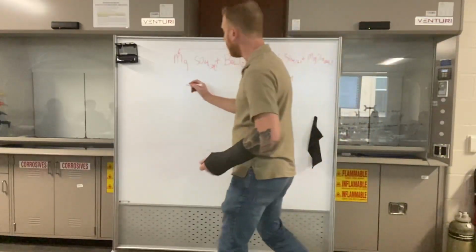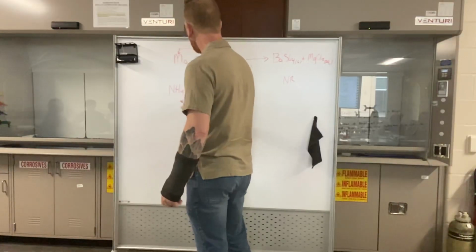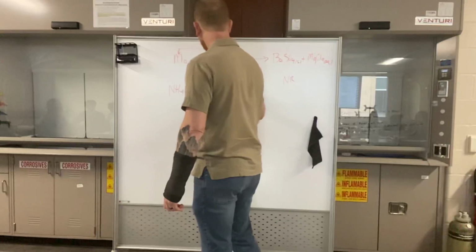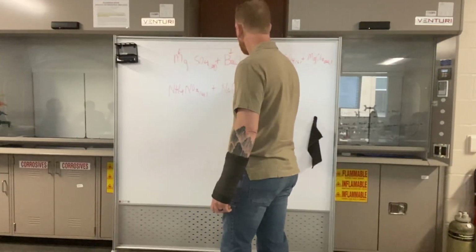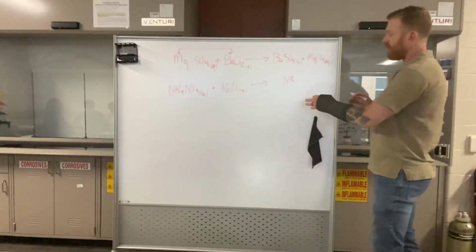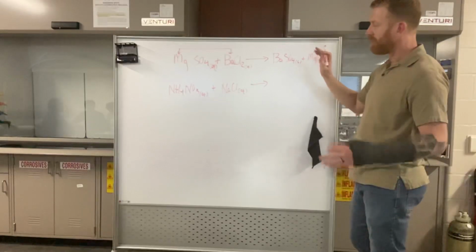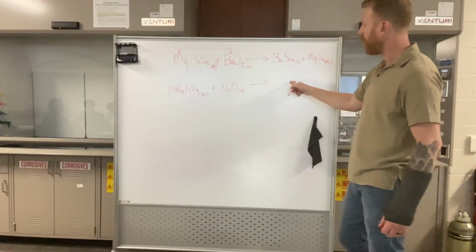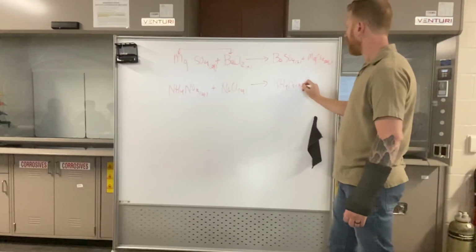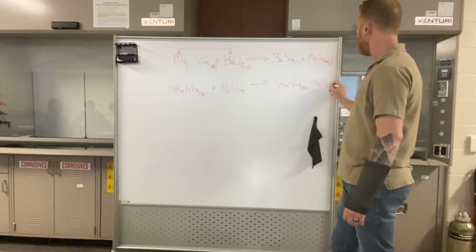If I just did ammonium nitrate, that's a good way to blow stuff up, plus sodium chloride, in this context there wouldn't be a reaction. Depending on the parameters of the question, it would either be no reaction, or it's just going to be the same thing. It depends on whether it's aqueous or not. If everything's aqueous, there's not going to be a reaction.